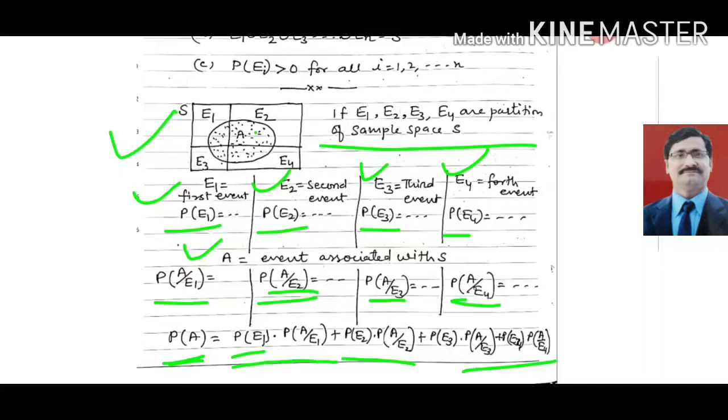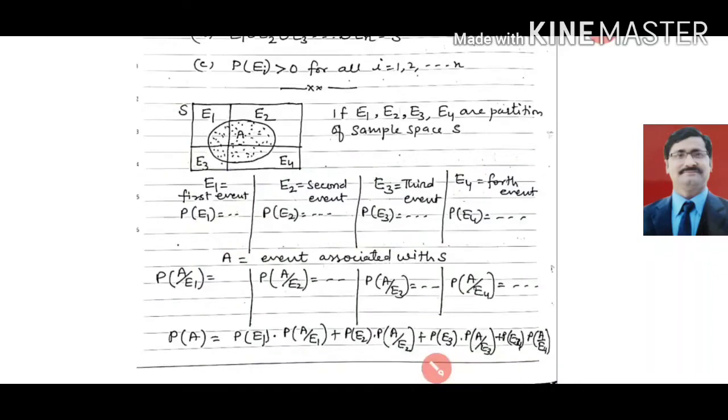So P(A) will be equal to P(E1) dot P(A/E1) plus P(E2) dot P(A/E2) plus P(E3) dot P(A/E3) plus P(E4) dot P(A/E4). This is how we can find P(A).